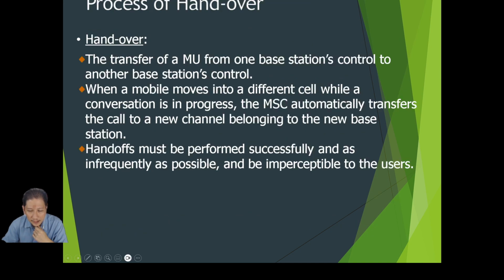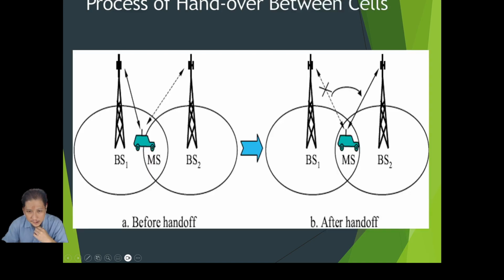Yang ni saya dah terangkan tadi, transfer from mobile unit to another MSC, mobile station control, and then kita ada hand off performance, okay, based on the users lah. Okay, for example here, base station 1 to mobile station to base station 2 and so on lah. After hand off, the signal will be same.